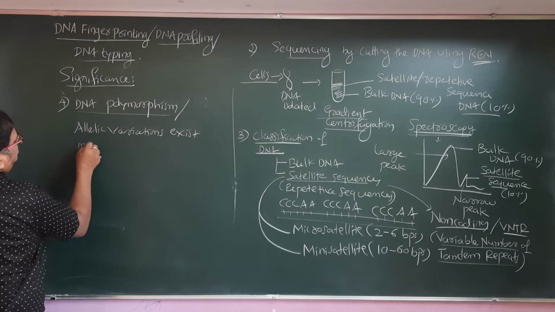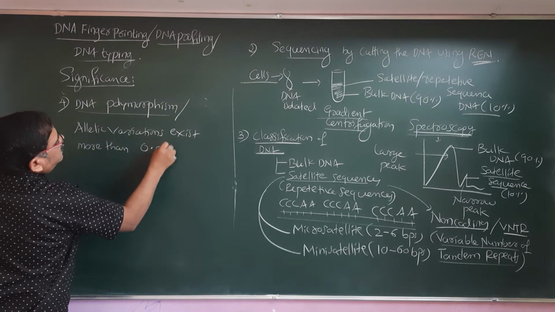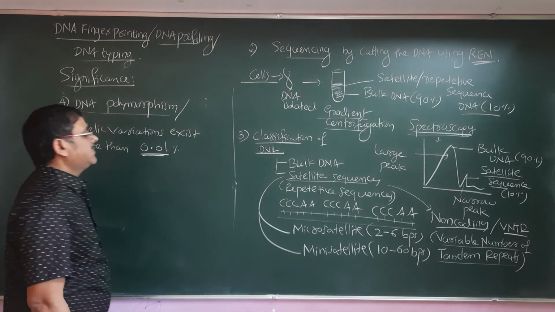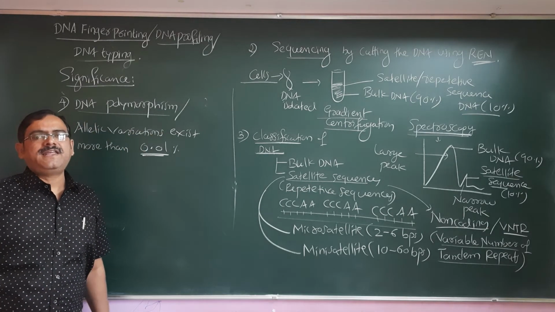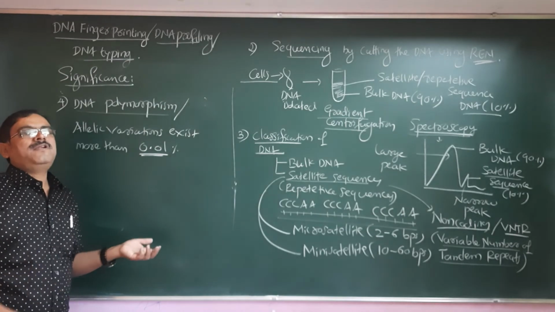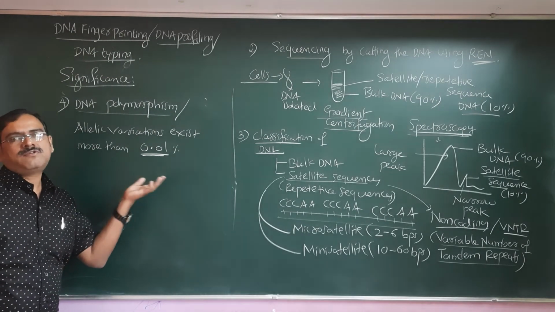More than 0.01 percent, we can say. Almost 99.9% of DNA is similar in all humans, so DNA polymorphism is possible in only more than 0.01%.